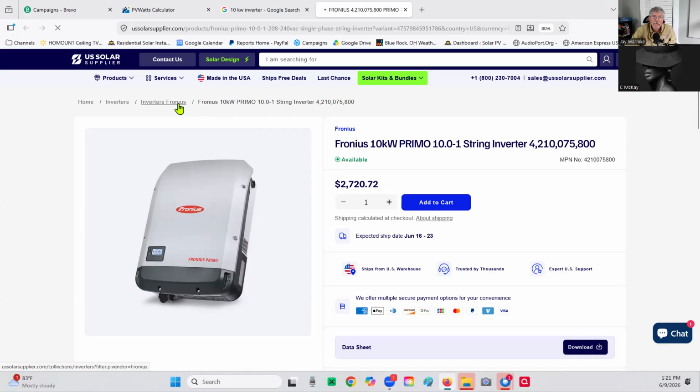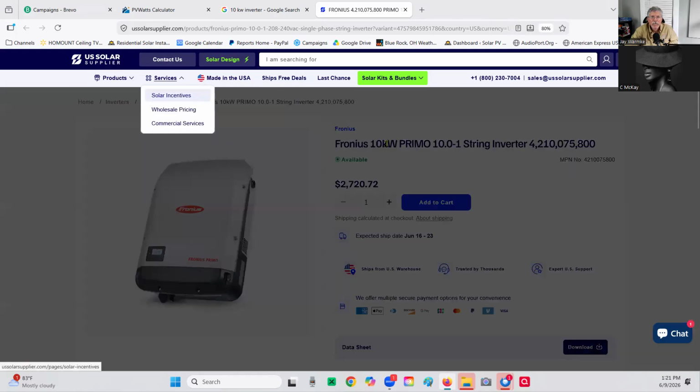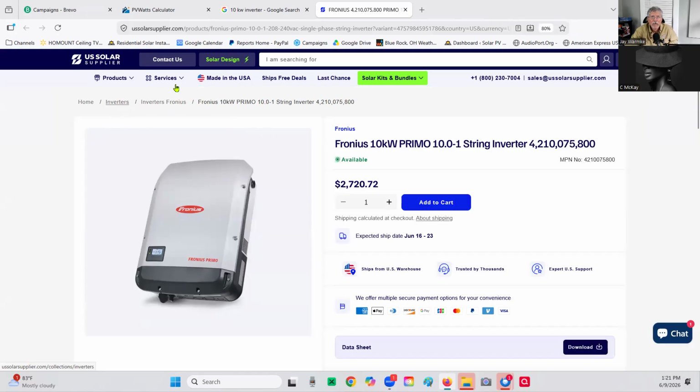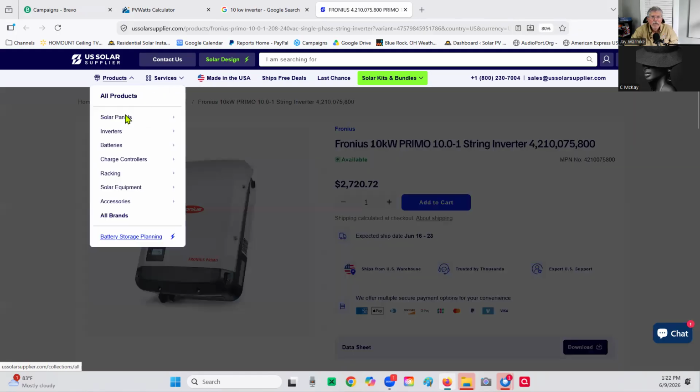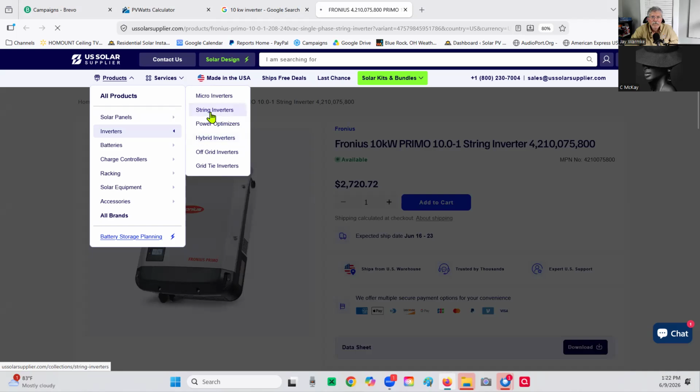So let's see what size inverters they have. Hopefully, it'll give me more options here. Not that familiar with this website. We'll go products, inverters, string inverters.